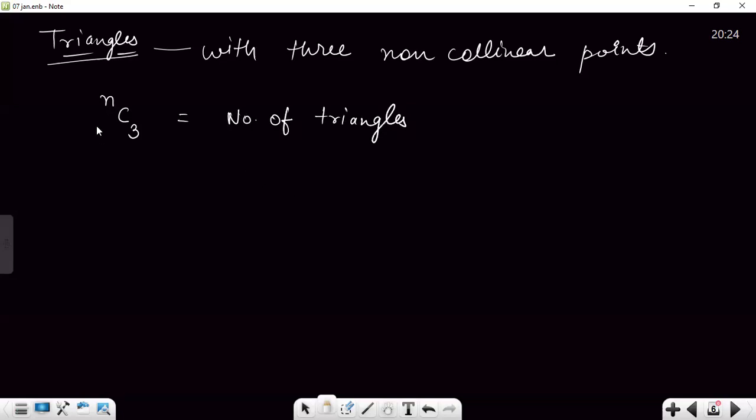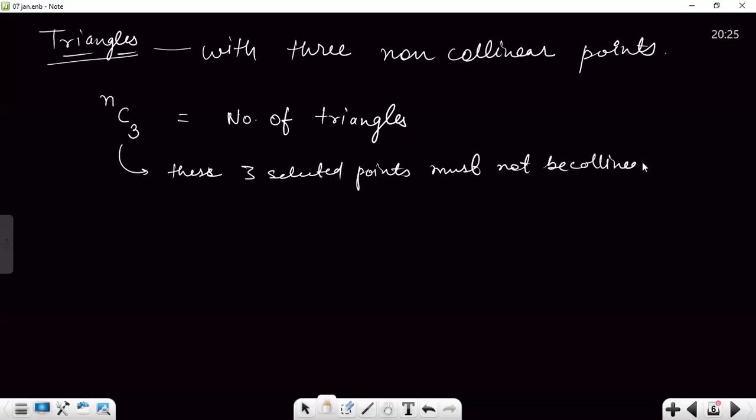Now remember, while selecting, these 3 selected points must not be collinear. Is there any doubt, anyone? No, sir.